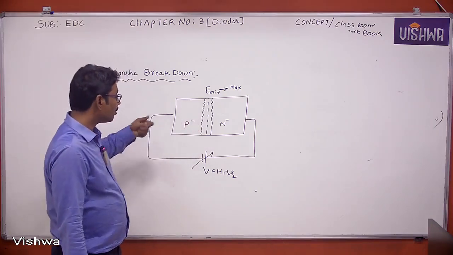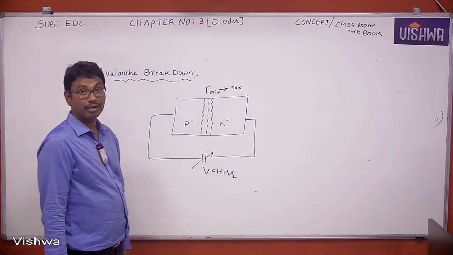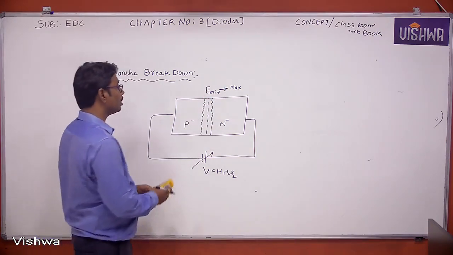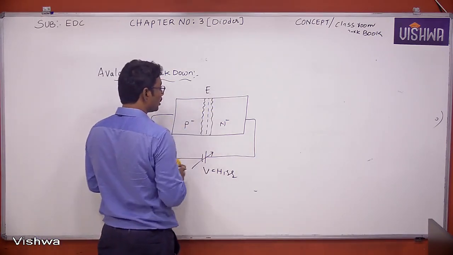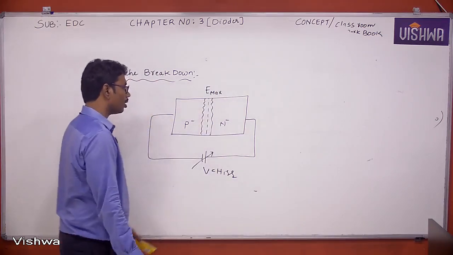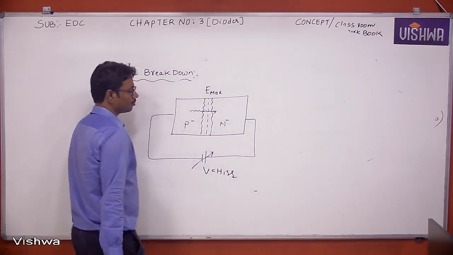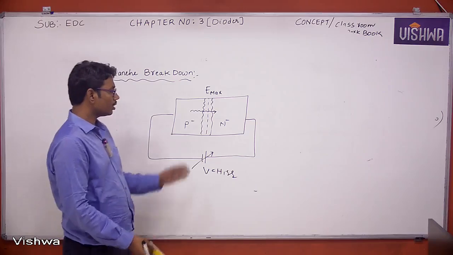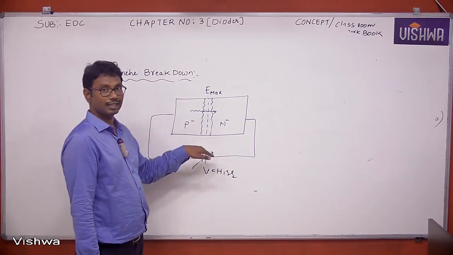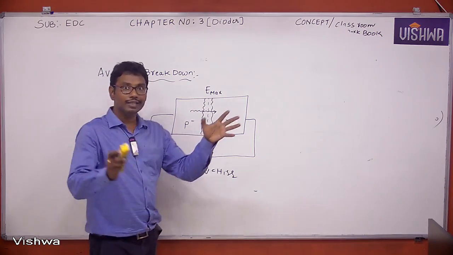When you apply high reverse voltage, the minimum electric field becomes the maximum electric field. Because it is in reverse bias, the charge carriers moving are minority charge carriers. When minority charge carriers enter this maximum electric field, they get accelerated.